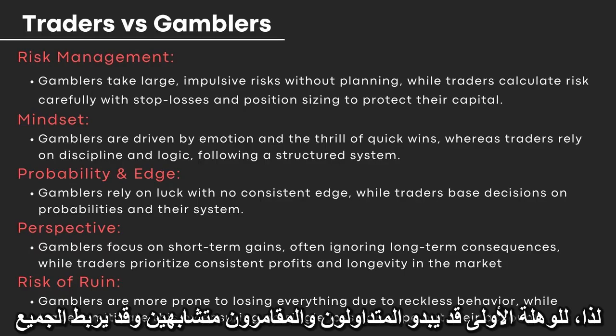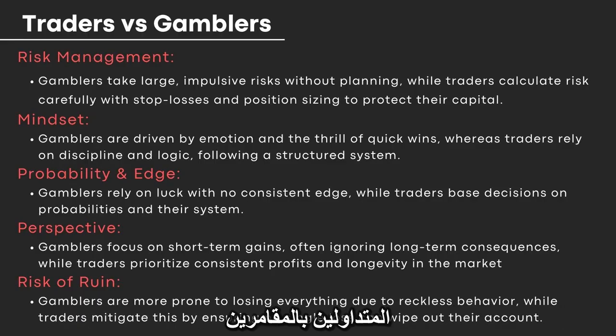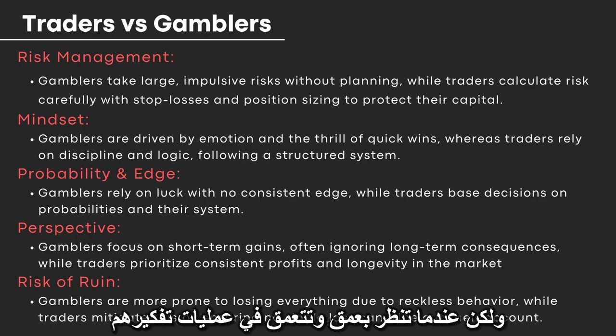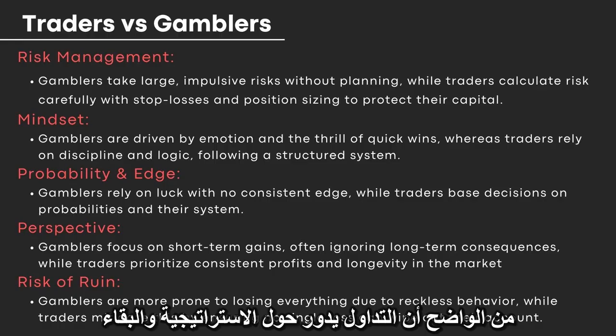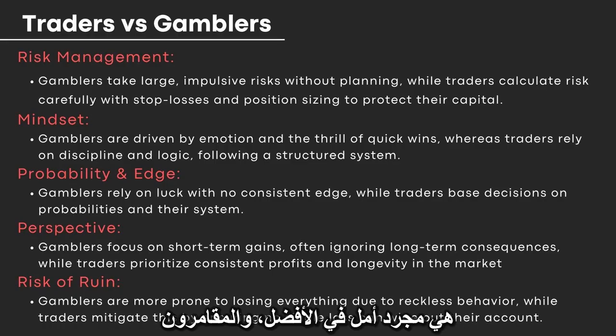So, at first glance, traders and gamblers might seem similar, and everyone might relate traders with gamblers. But when you dig deeper into their thought processes and the way each of them conducts themselves in different situations, you'll notice major differences. It's clear that trading is all about strategy and survival, while gambling is just hoping for the best.